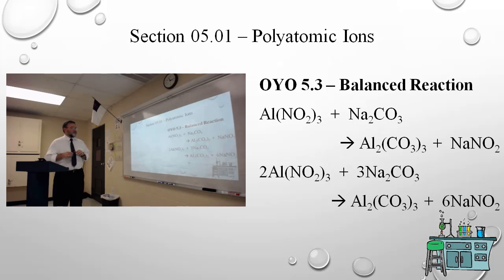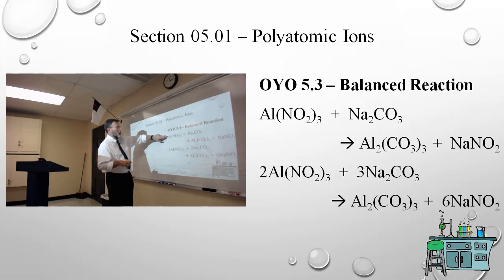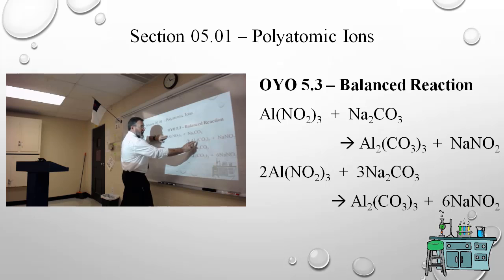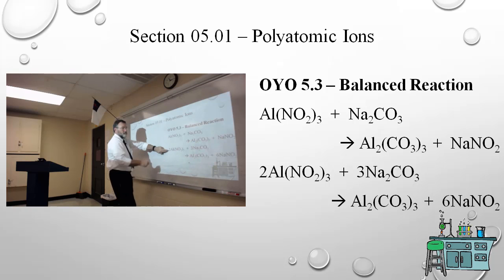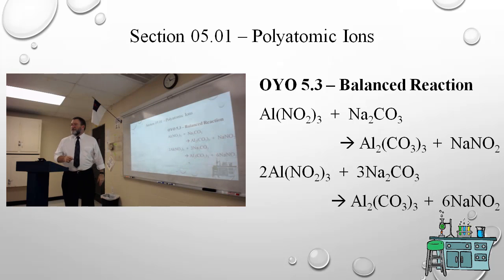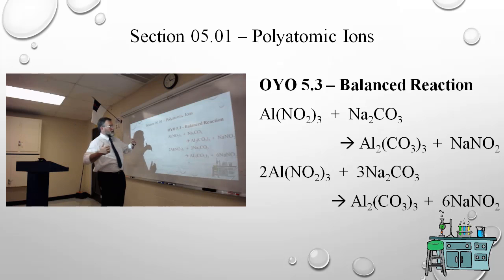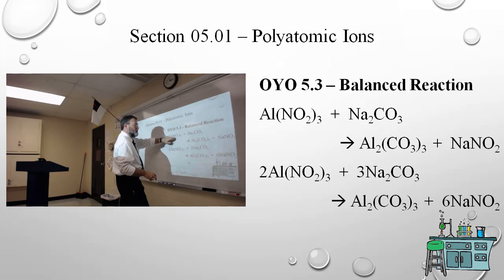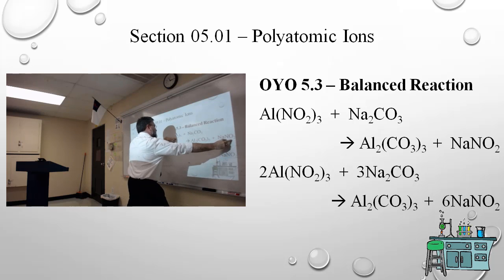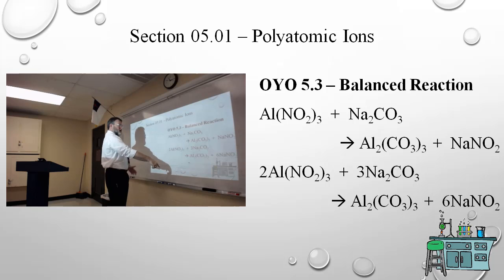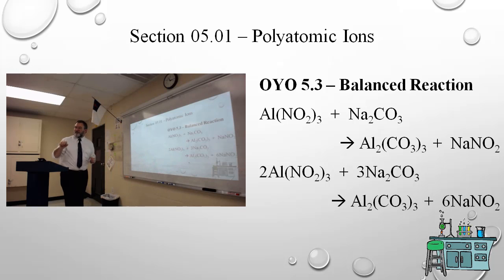Watch what happens. Aluminum, I have 1. Aluminum, I have 2. How do I get 2? I need to have 2 of them to start with. I have to start with 2 to end with 2. Okay? Nitrite, 3. 1. I must need 3, but for other reasons we'll find out that there's 6.